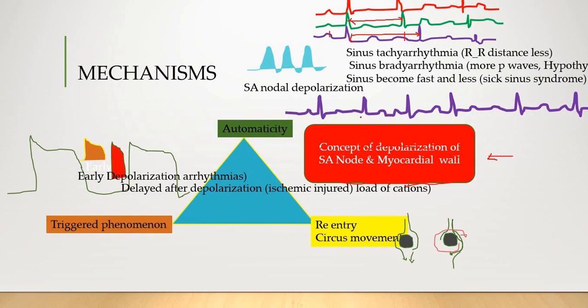So here this is the condition of tachyarrhythmia, the distance is very short, and then it is followed by a bradyarrhythmia, the distance between RR is very long, more than normal. If this is normal, then this is an abnormal shortened wave. This is again shortened and this is now increased. So this is a classical example of sick sinus syndrome or Wolff-Parkinson-White syndrome.